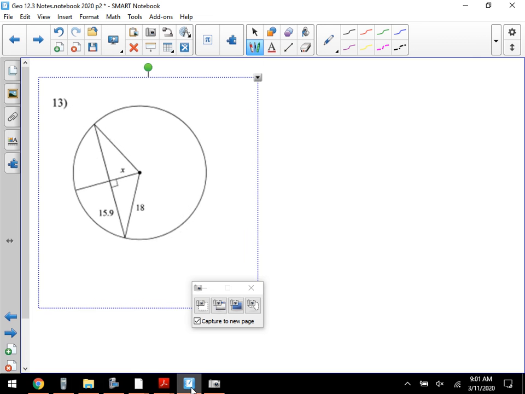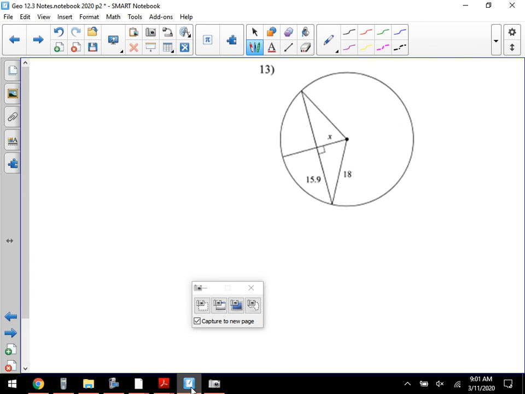Here it's another Pythagorean theorem problem. Are you looking for a hypotenuse or a leg in this case? You're looking for a leg. So you have something squared plus the 15.9 squared is the 18 squared.